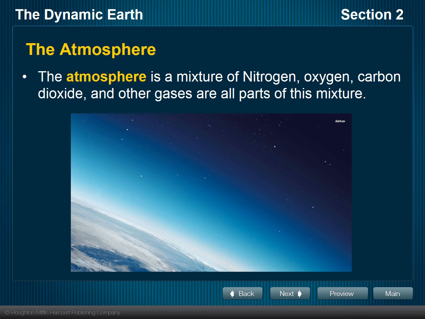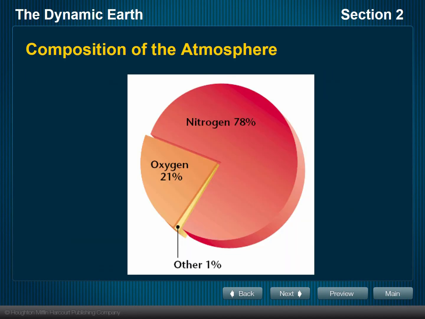The atmosphere also insulates Earth's surface. This insulation slows the rate at which the Earth's surface loses heat and keeps Earth's temperature at a temperature that living things can survive. Nitrogen makes up 78% of the Earth's atmosphere and enters the atmosphere when volcanoes erupt and when dead plants and animals decay.